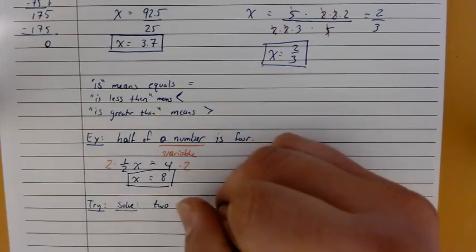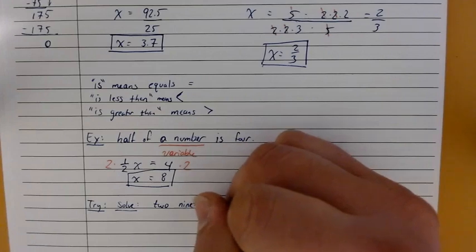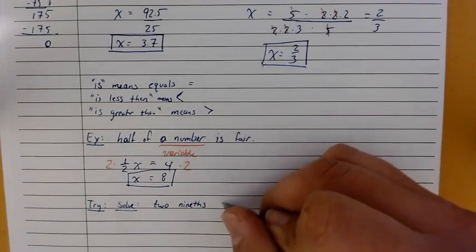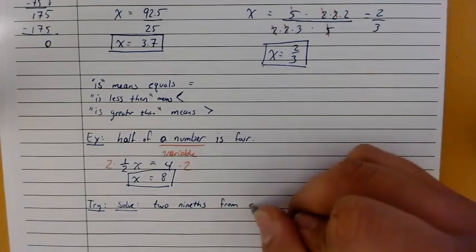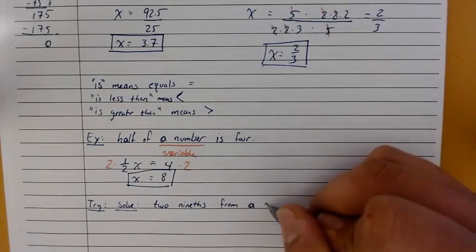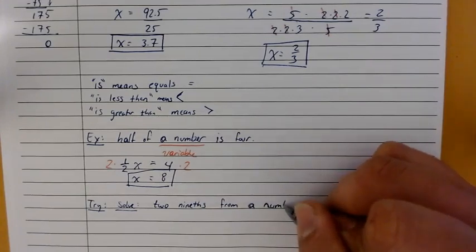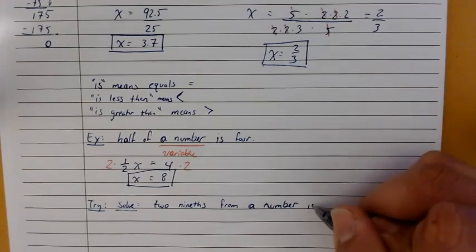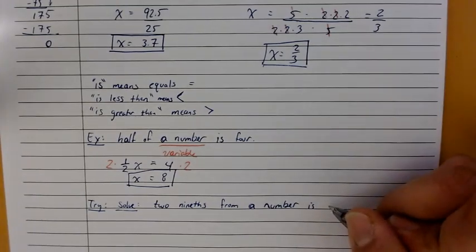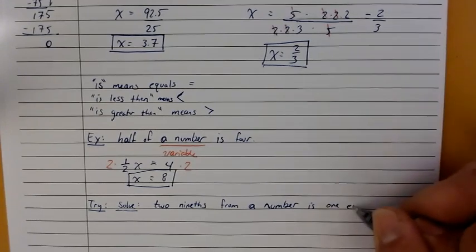Let's say 2 ninths from a number is 1/8.